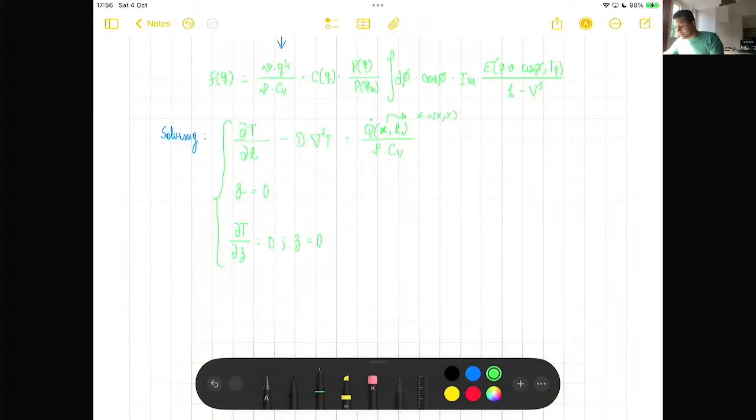Basically, this is the neglect of heat transfer from the rubber to the substrate.